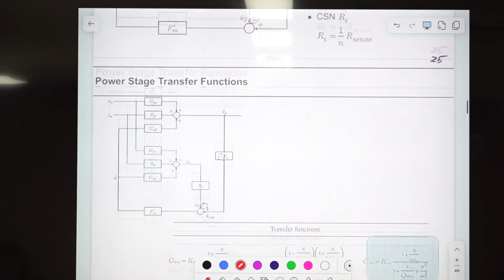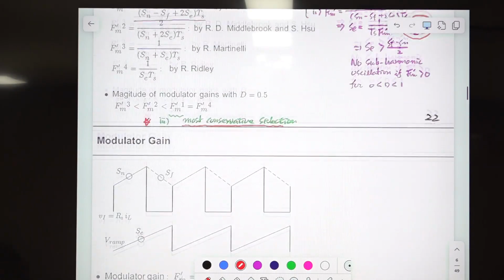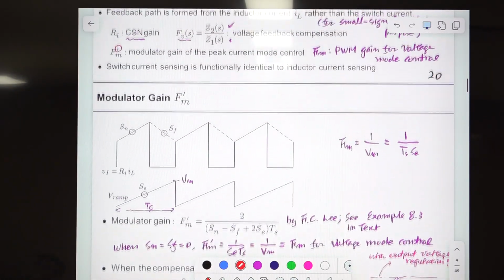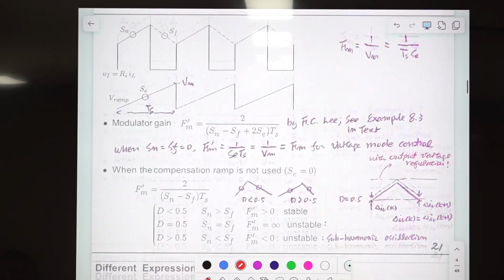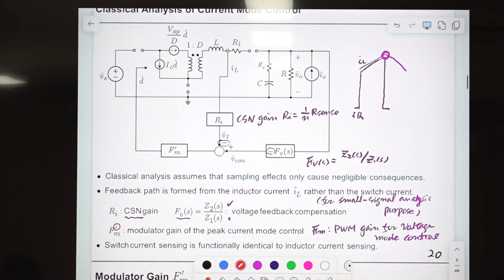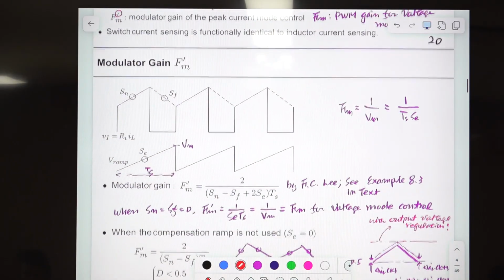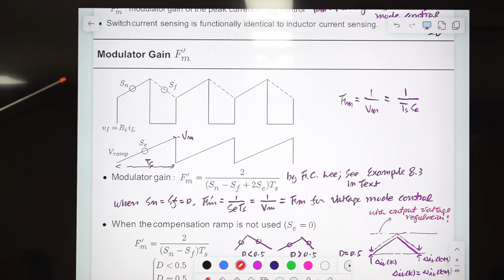In this lecture, we discussed the definition of classical analysis and design, and this functional diagram shown here. We went through some details about this modulator gain, FM prime.